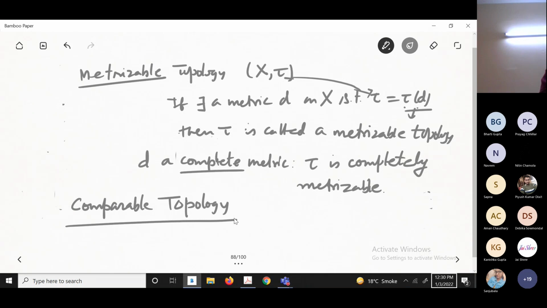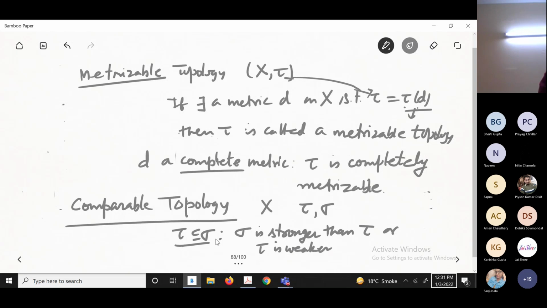Here, suppose you have the same non-empty set, you are not changing the set, and suppose you have two topologies on that. Now, if you have this, then we call sigma stronger than tau, or we say that tau is weaker than sigma.